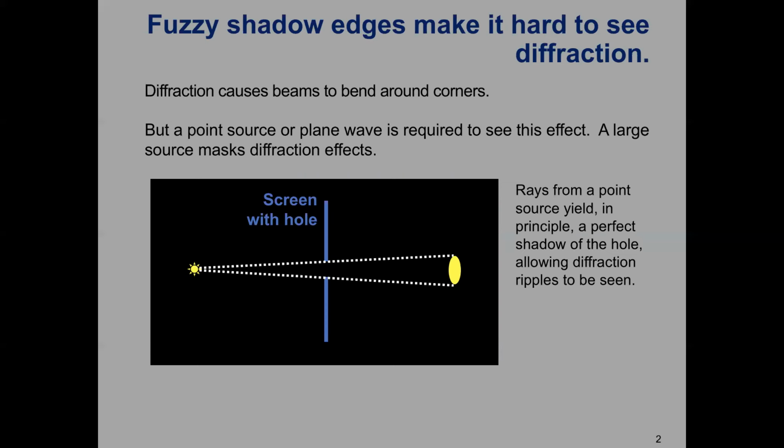So diffraction fundamentally is the property of a wave that makes a wave bend around corners. Essentially, it's what causes a wave to spread out when it hits a small opening. Usually with most light sources, we can't see this because they're too big.